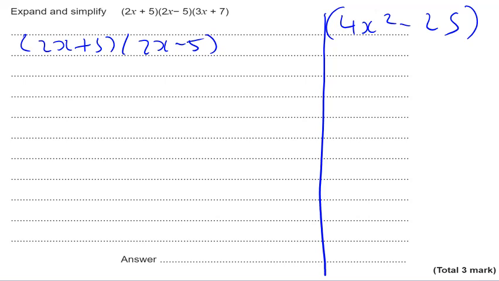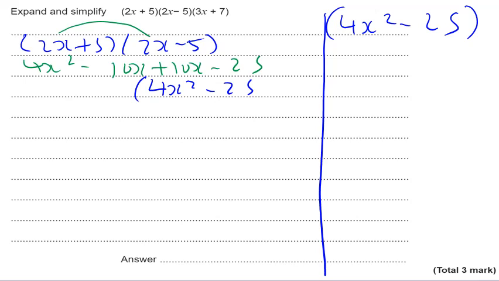So expanding this, that will be 4x squared minus 10x plus 10x, and 5 times 5 is 25, and of course it's negative 25, but tidying that up, that does become 4x squared minus 25.